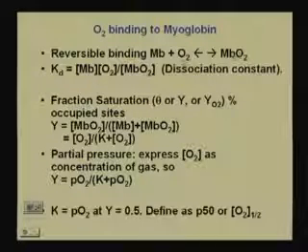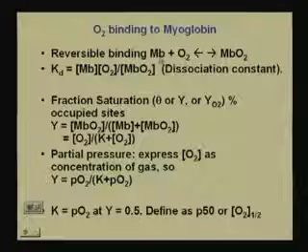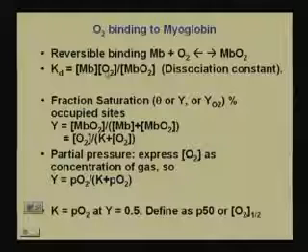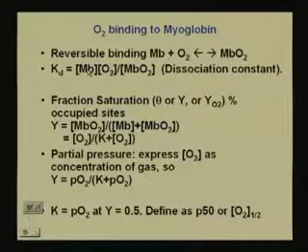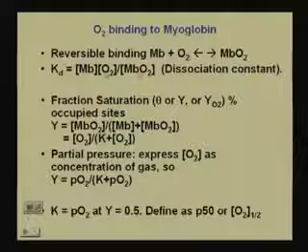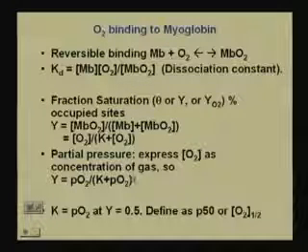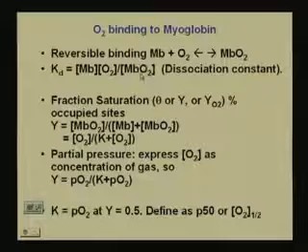So if I wrote it this way, I would have an association constant, because I am associating the oxygen with the myoglobin, and the inverse of this is the dissociation constant. What do I have? I have the concentration of myoglobin, the concentration of oxygen, and the concentration of the MbO2. And where is the oxygen binding? It is binding to the heme of the myoglobin.